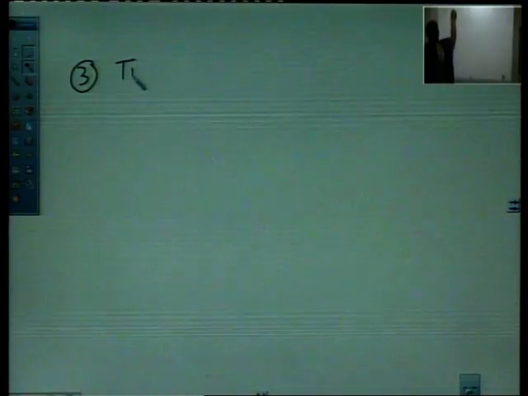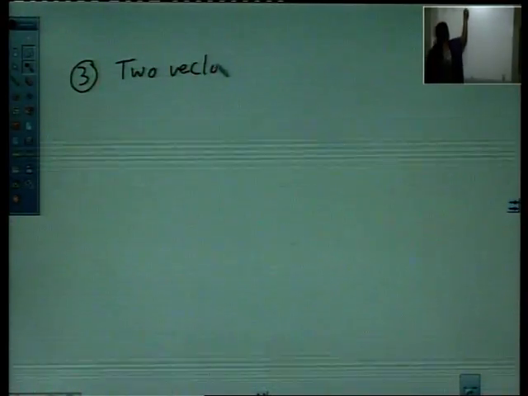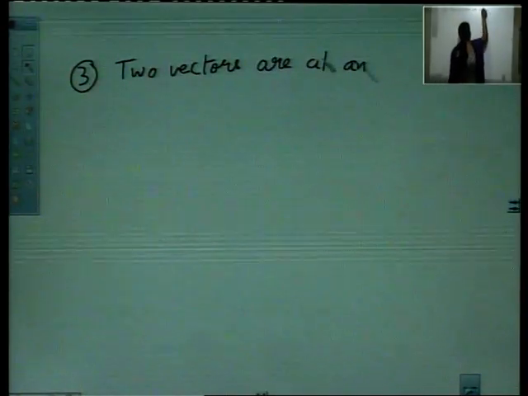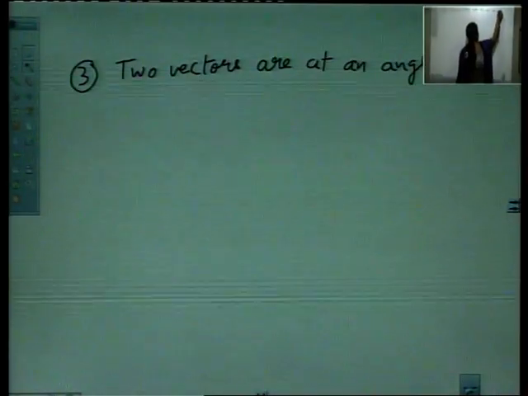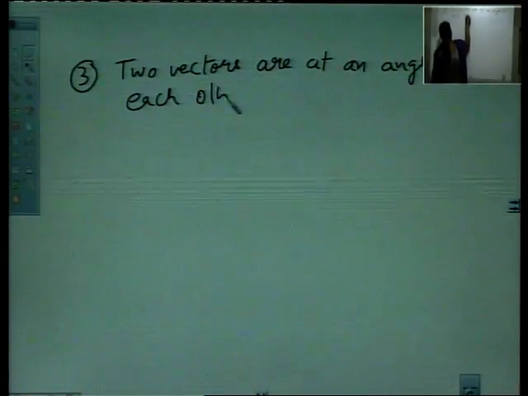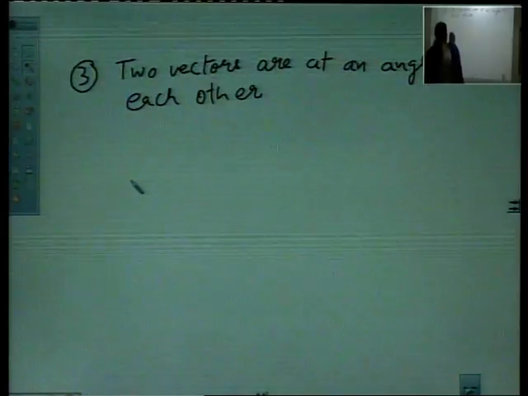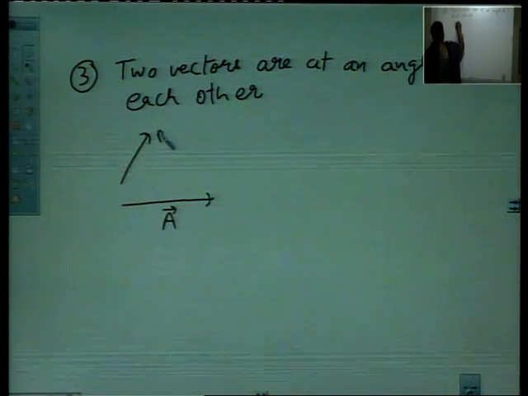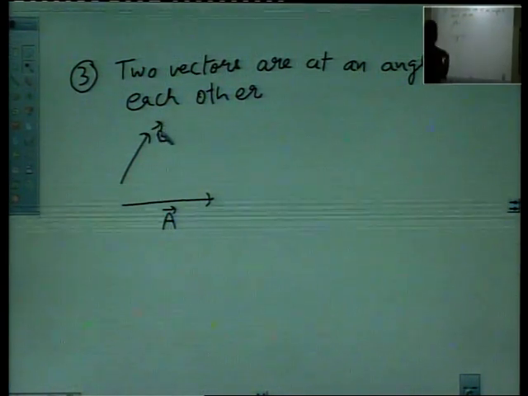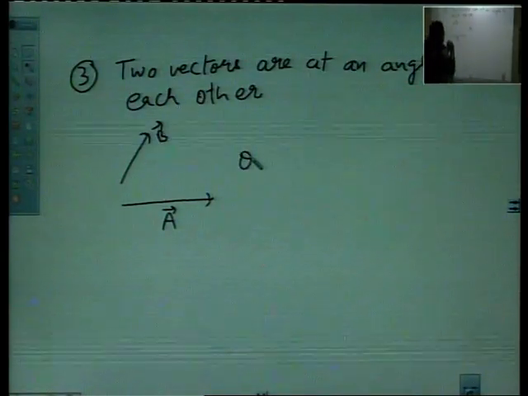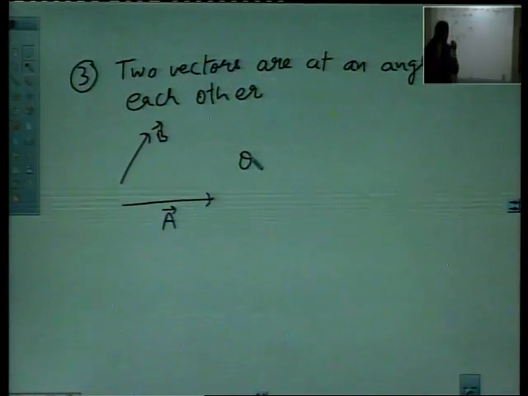Now, the third case is when two vectors are at an angle to each other. Let this be A vector, and this is B vector, and these are at some angle to each other; the angle between A and B is theta. Now, there are two rules for addition of vectors.